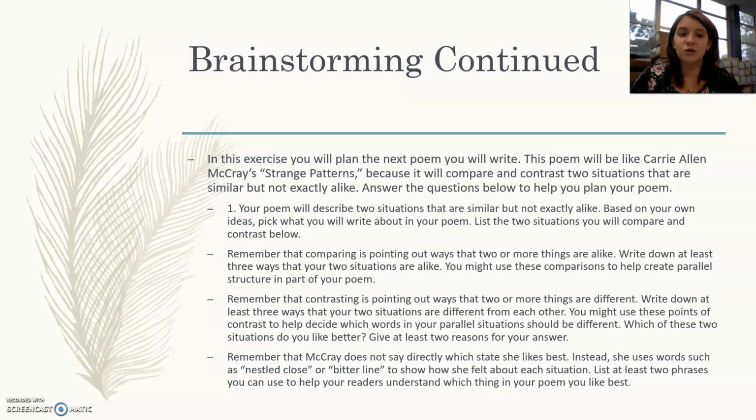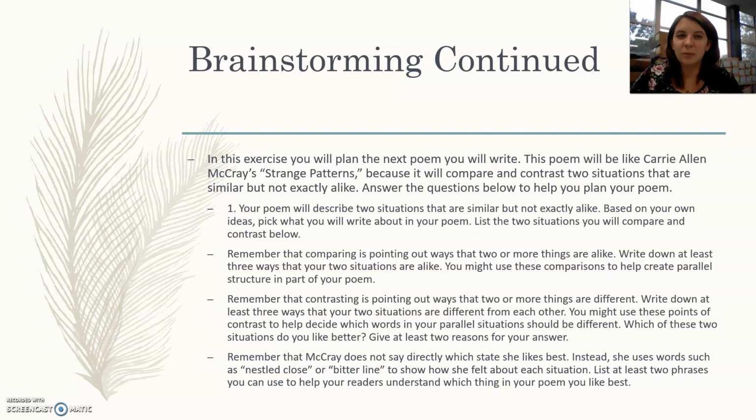So you're going to list at least 2 phrases that can help the reader understand which thing in the poem you like best. So for example, if you were talking about going to a restaurant versus staying at home for dinner, you might not say, well, I liked going to the restaurant best. You might say, the atmosphere was comforting to know that I can get what I wanted.